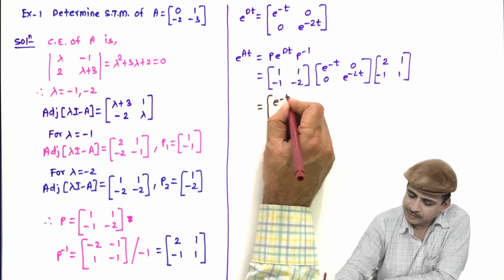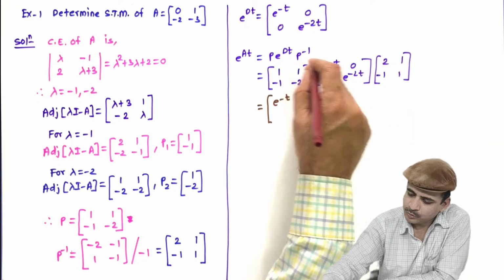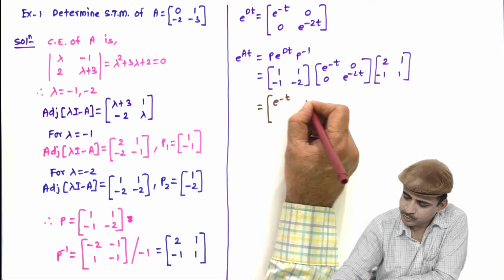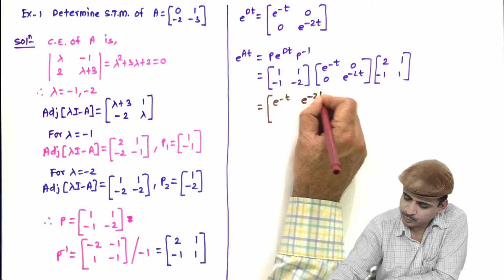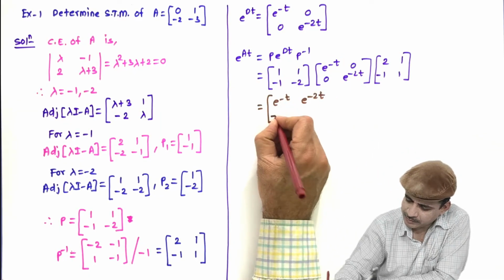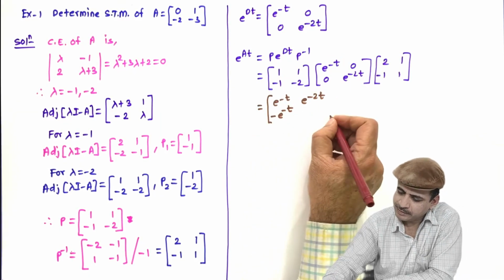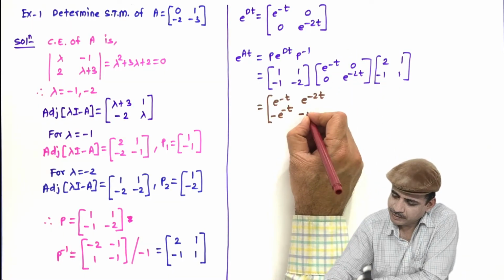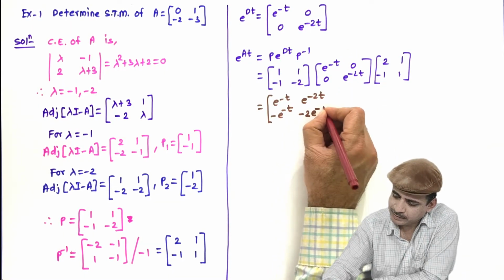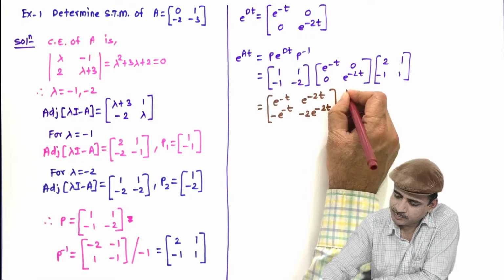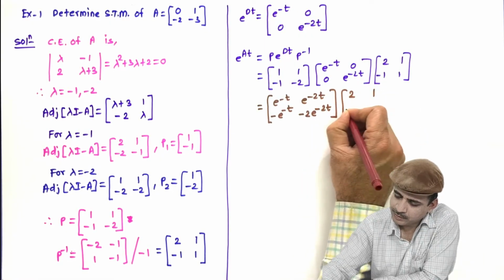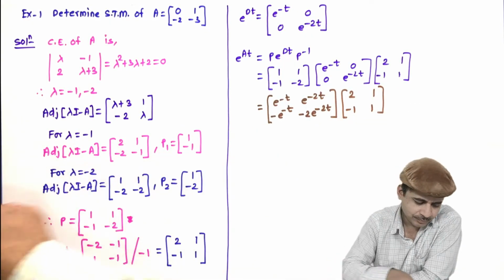This is [e raised to minus t, e raised to minus 2t; minus e raised to minus t, minus 2 e raised to minus 2t], multiplied with P inverse.